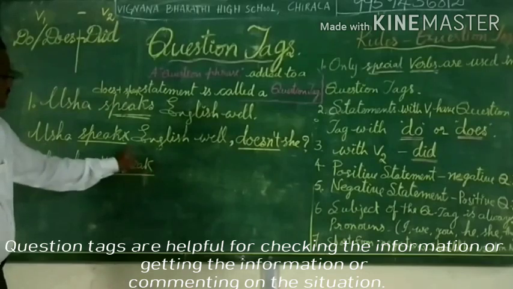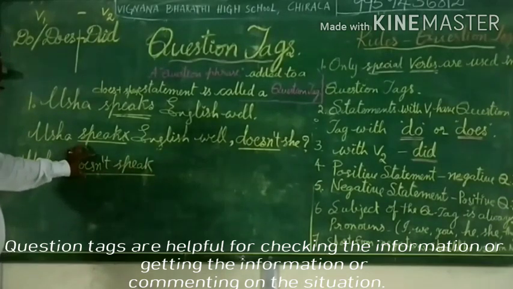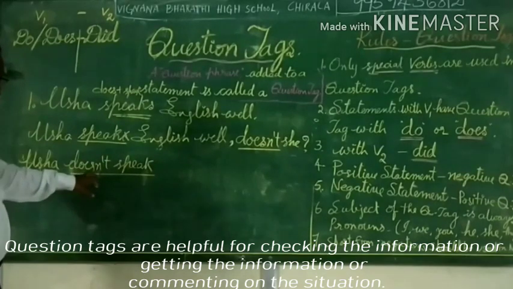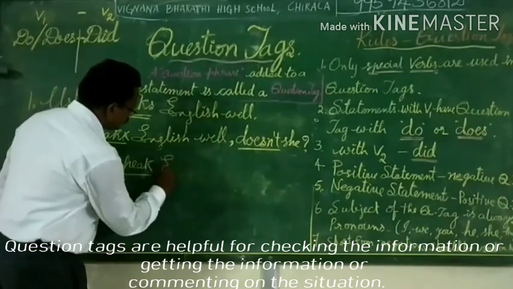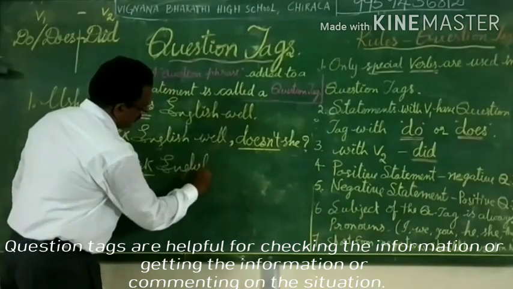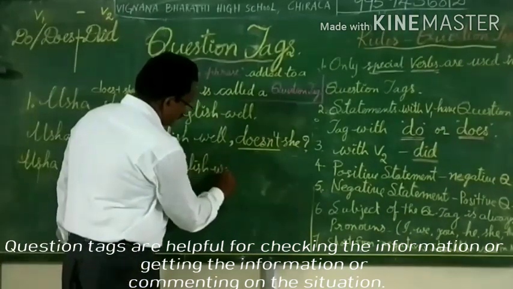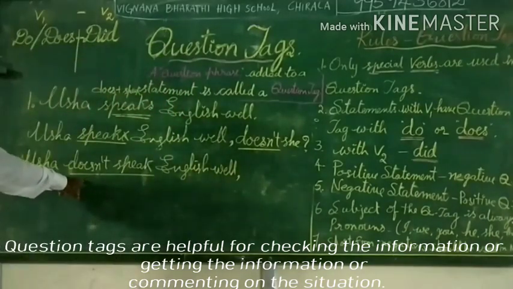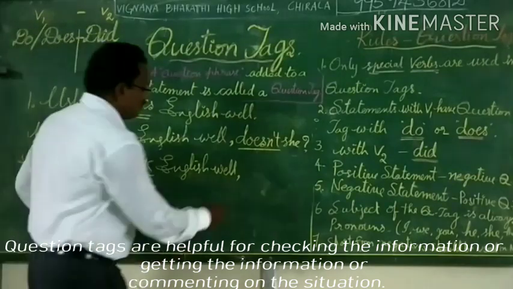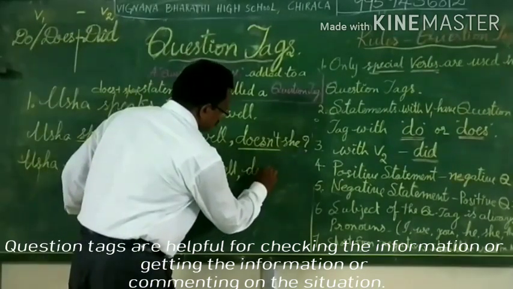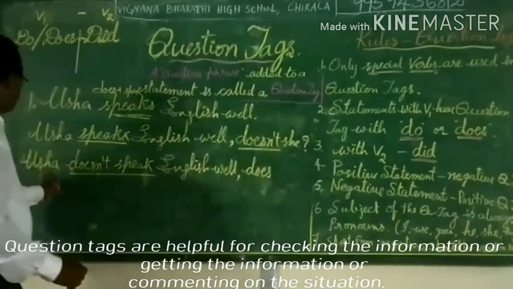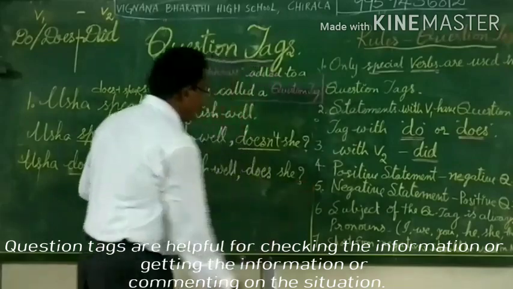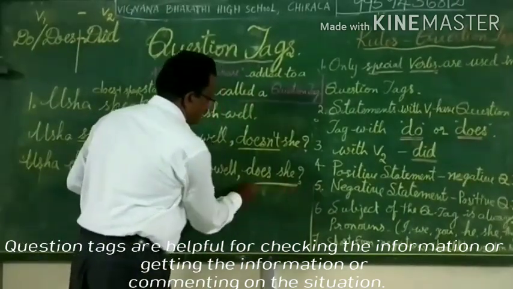We do not write speaks here again. Already we separated this does from this speaks. Does not speak English well, comma. So here, what is the special verb found here? Does. Usha, girl, that is why we write she, question mark. The question tag is ready.